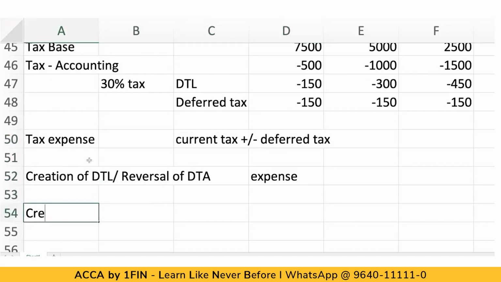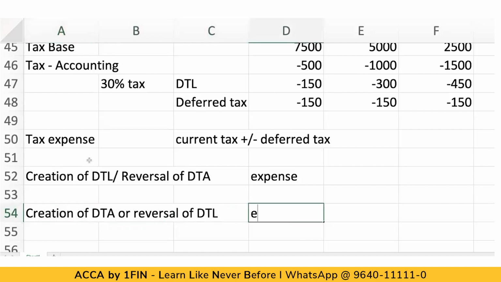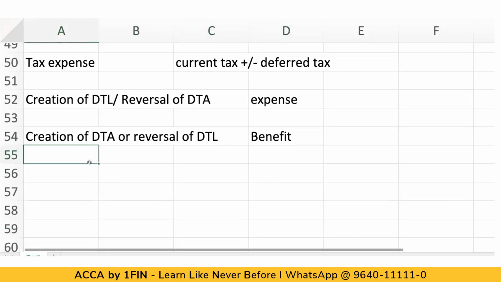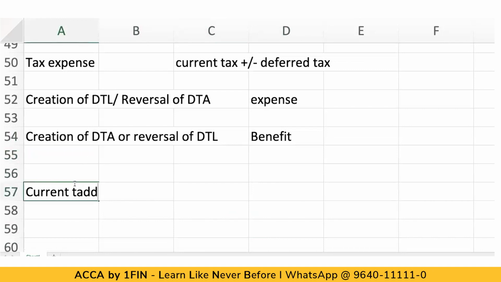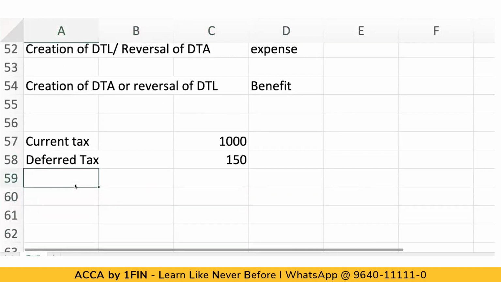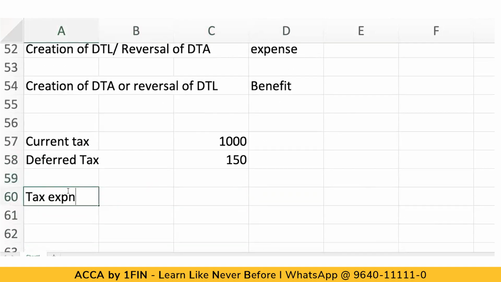If it is creation of DTA or reversal of DTL, it is a benefit. So for example, if current tax based on the tax provision is 1,000, and deferred tax is 150 as we have calculated, tax expense is 1,000 plus 150, 1,150.